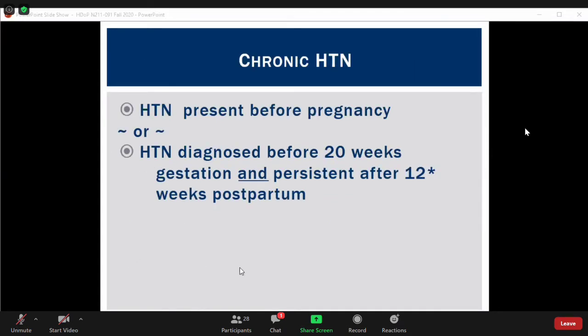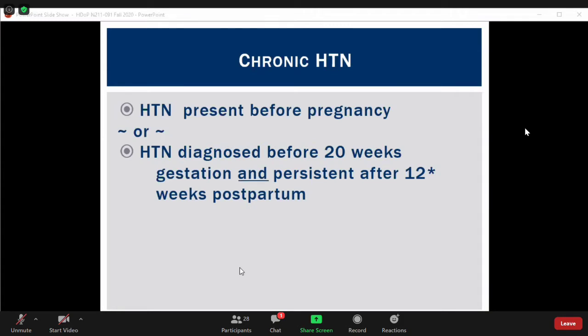So starting with chronic hypertension, here we're talking about a patient who was hypertensive before the pregnancy. She was already diagnosed 2 years ago, 1 year ago, whatever it was. She was diagnosed pre-pregnancy with hypertension, or this is a patient that is diagnosed with hypertension before 20 weeks gestation and it persists after the postpartum period.